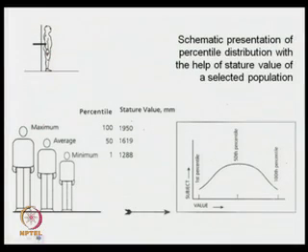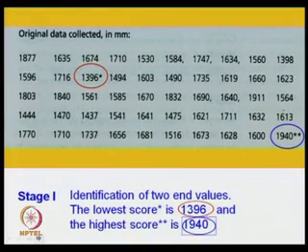Now, see this schematic presentation of percentile distribution with the help of stature values of a selected population. This is a diagram from some data, where 50 body height data have been taken for discussion purposes.